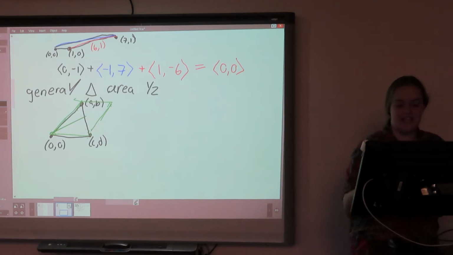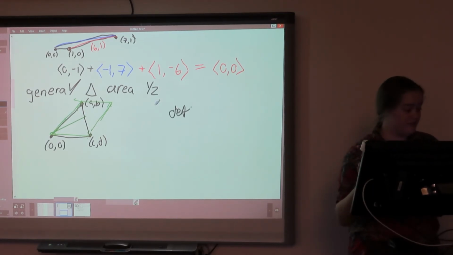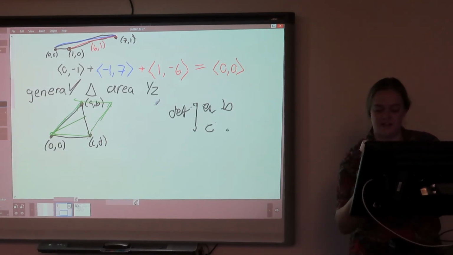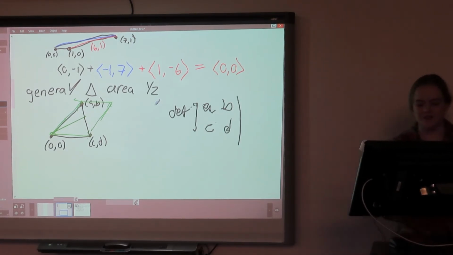So we're going to start with taking the determinant of those two vectors, A, B, C, D. And we need to cut that area in half because we just want the triangle.